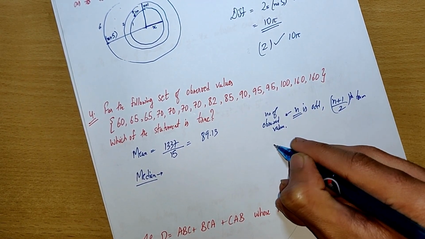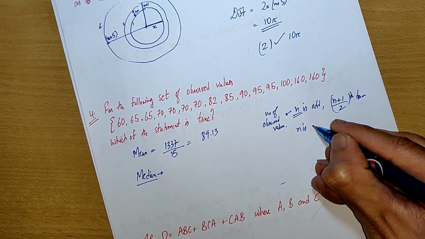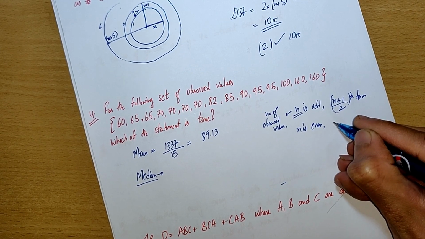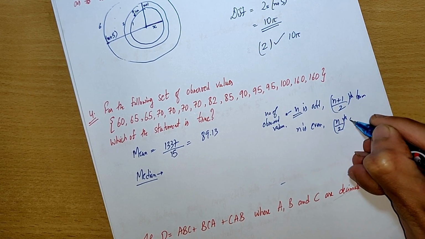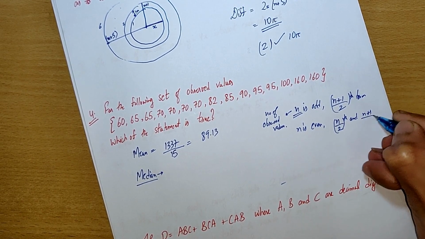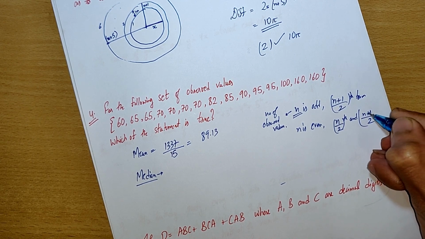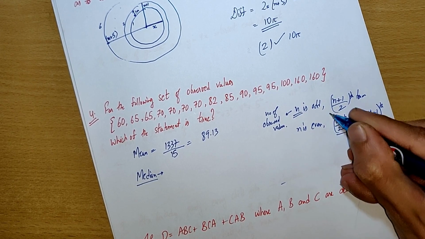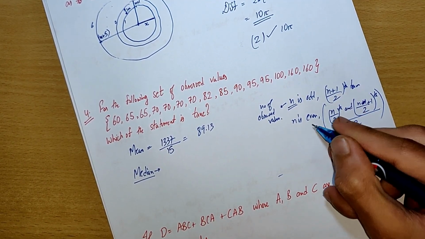And if n is even, then it is the average of the n by 2th term and the (n by 2 plus 1)th term, so we divide by 2. So this is the median if it is even.